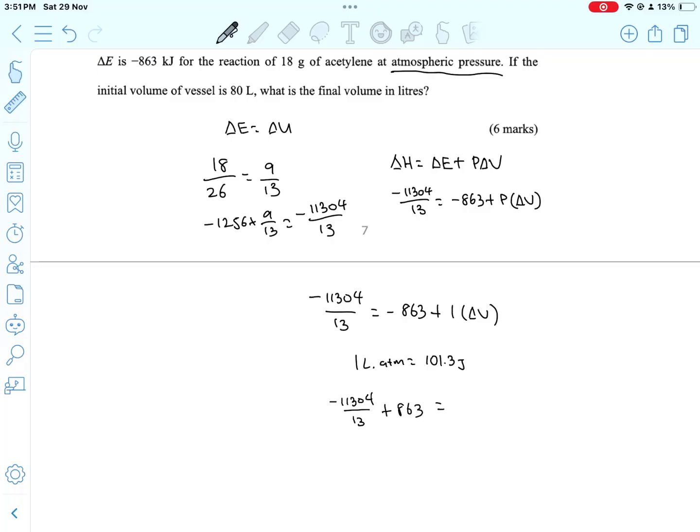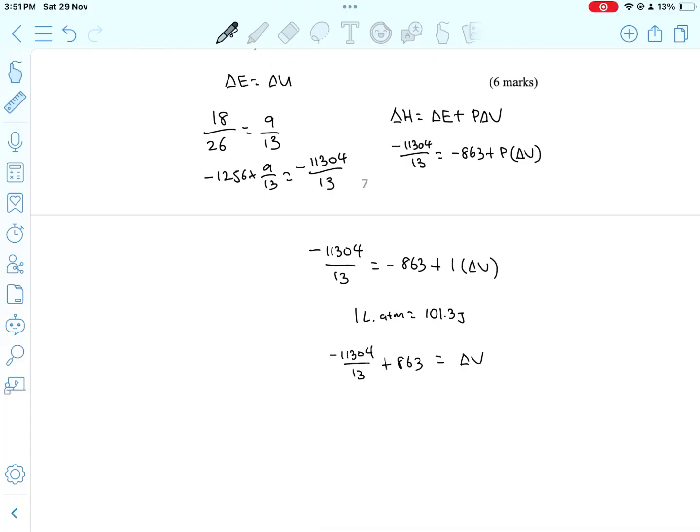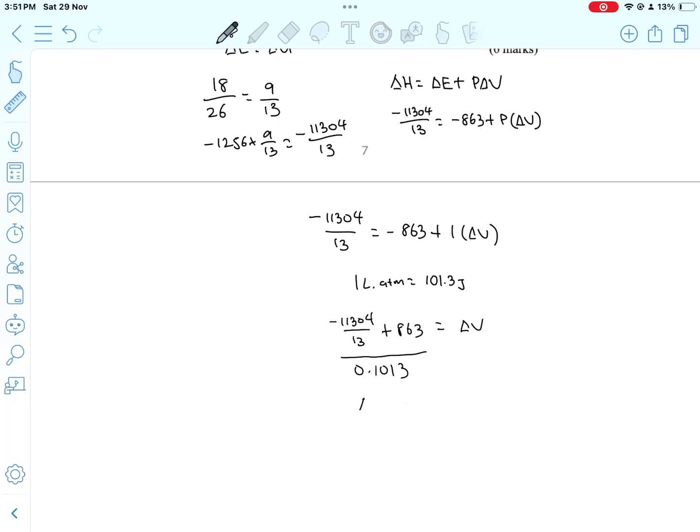So by rearranging the equation, you would get -11304 divided by 13 plus 863 equals your change in volume times pressure, and you divide the left side by 0.1013, I think. Yeah. So you divide it by that to get it in liter-atmospheres.